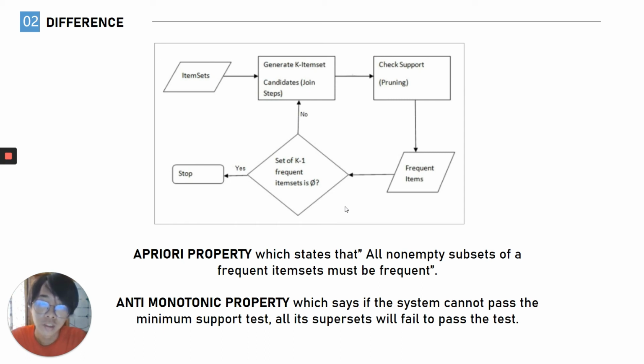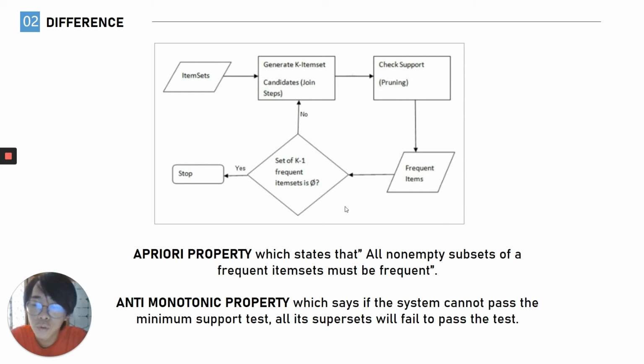After you form the second item set, it checks again whether the item sets meet the minimum support. Only those equal to or greater than the minimum support are brought to the next iteration, and then the whole process goes again. It keeps looping until it finds the most frequent item set, and then it stops.